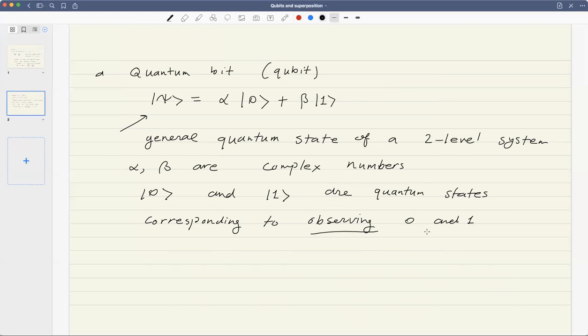So for example, if I'm working with spin and I measure it and I find it to be up, right after that measurement, I can assign a state 0 to that system. And if I measure the spin and I find it to be down, right after the measurement, I can assign this other state to my system.